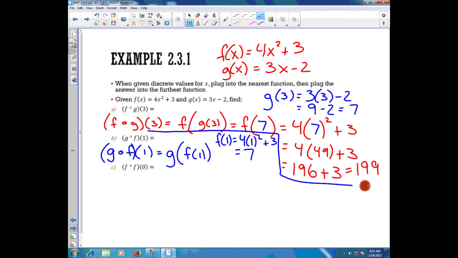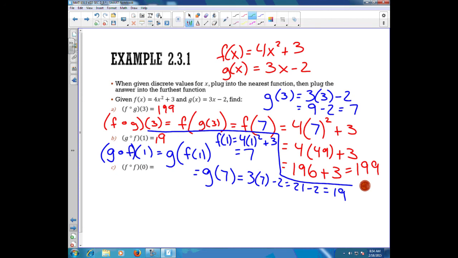So f of 1 is just 7. We're then going to plug 7 into g, and we get 3 times 7 minus 2, which is 21 minus 2, which is 19. So for the first problem, we got 199. For the second one, we got 19.